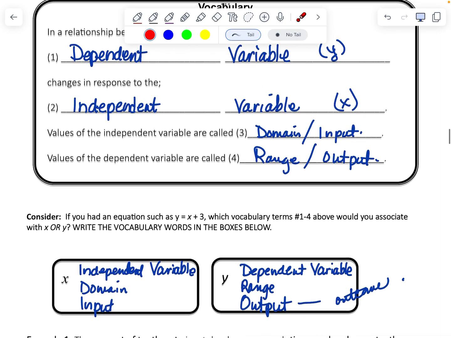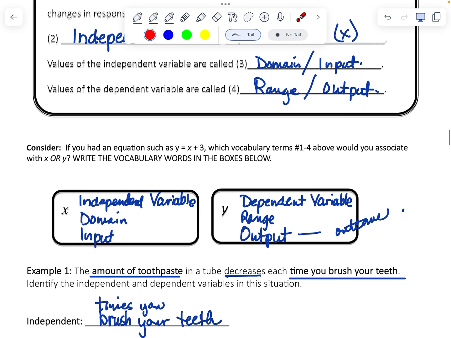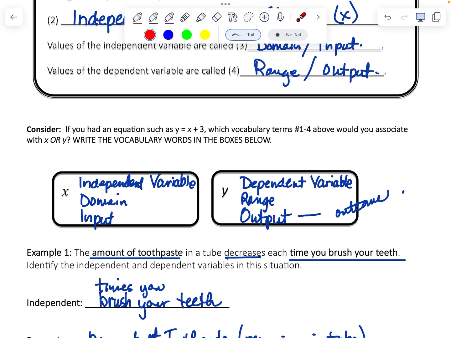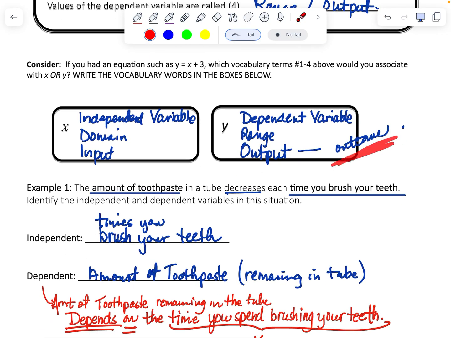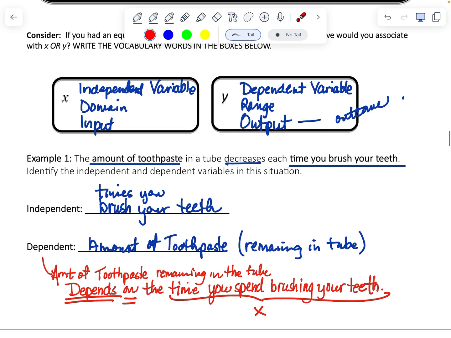So for x, you have the independent variable, the domain, and the input. And for y, you should know those three words are going to be the dependent variable, the range, and the output. Sometimes I like to say outcome instead of output, because outcome kind of implies like an n value. When you input x, you output a y. You know how we put y by itself on one side of the equation.